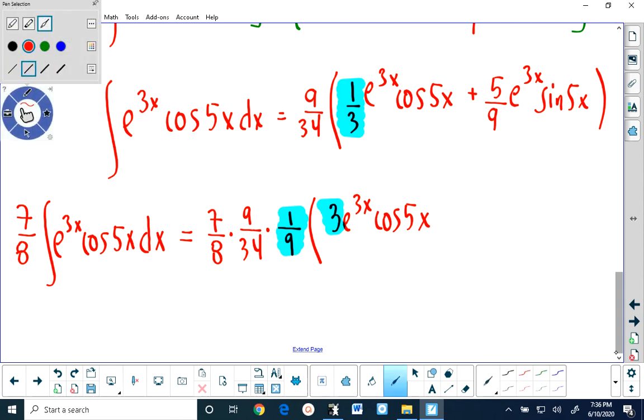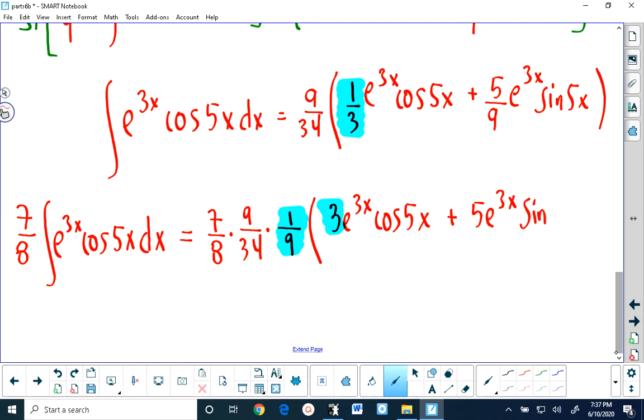What else do we have? I factored out the 9th, so I'm left with plus 5 e to the 3x sine 5x. I'm not quite done, so I'll worry about throwing in my constant in a little bit.